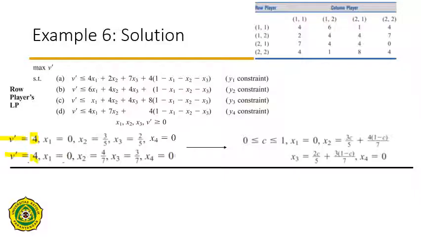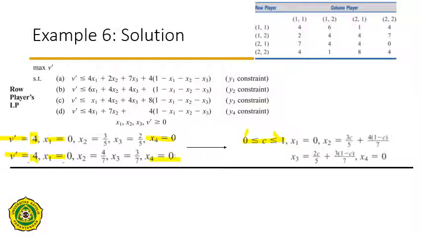How may we find those points along the line between these two points? We perform a linear combination using the constant c between 0 and 1, including 0 and including 1. Here we multiply c times the first extreme point, plus 1 minus c times the second extreme point. So x1 and x4 are always 0, because in both extreme points they equal 0.